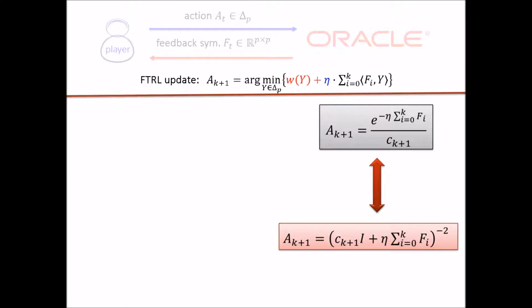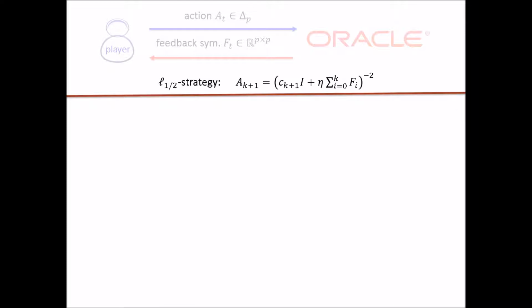So now, as I said, in this paper we have picked this new strategy from the paper 2 years ago, and we called it an L1/2 strategy because it's the 1/2 norm of the matrix. Then also in our previous work, we showed a regret bound for this strategy as follows. That is, in each iteration, suppose the feedback matrix is rank 1.